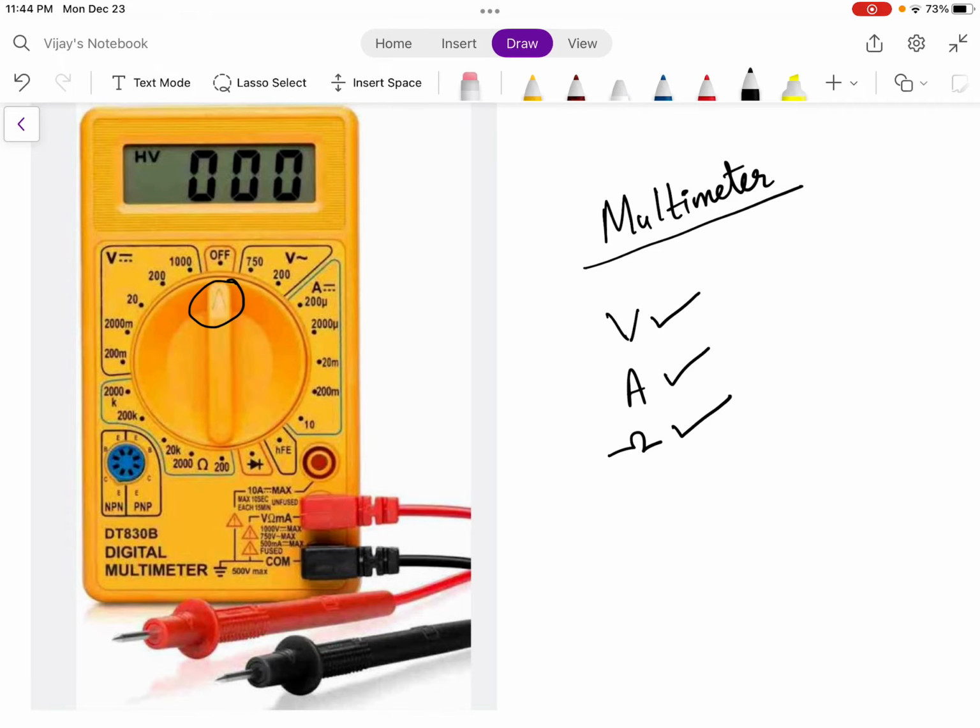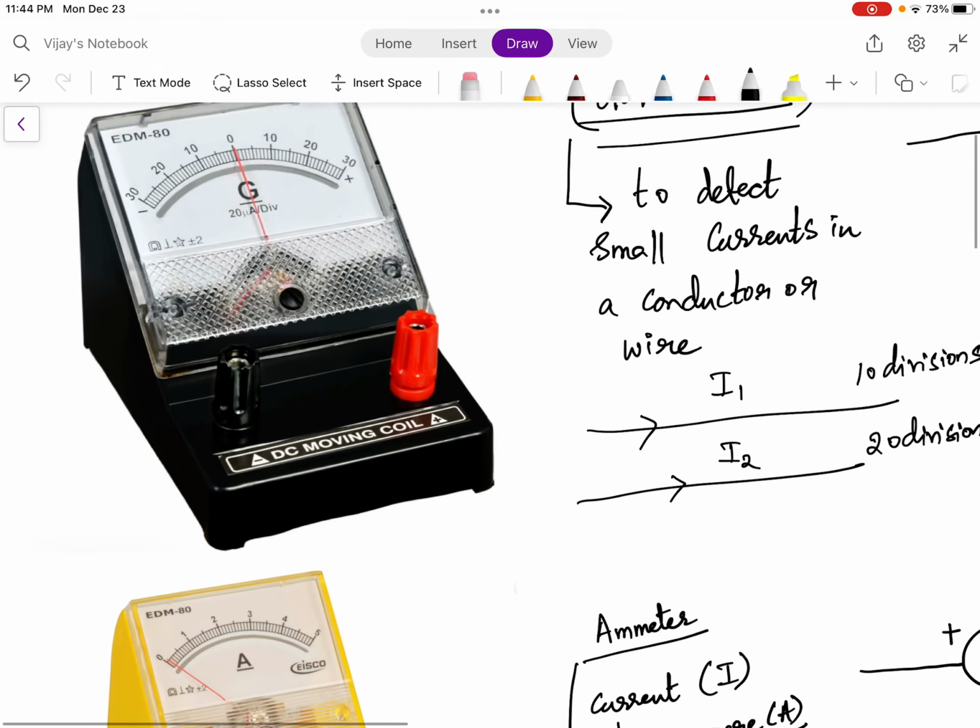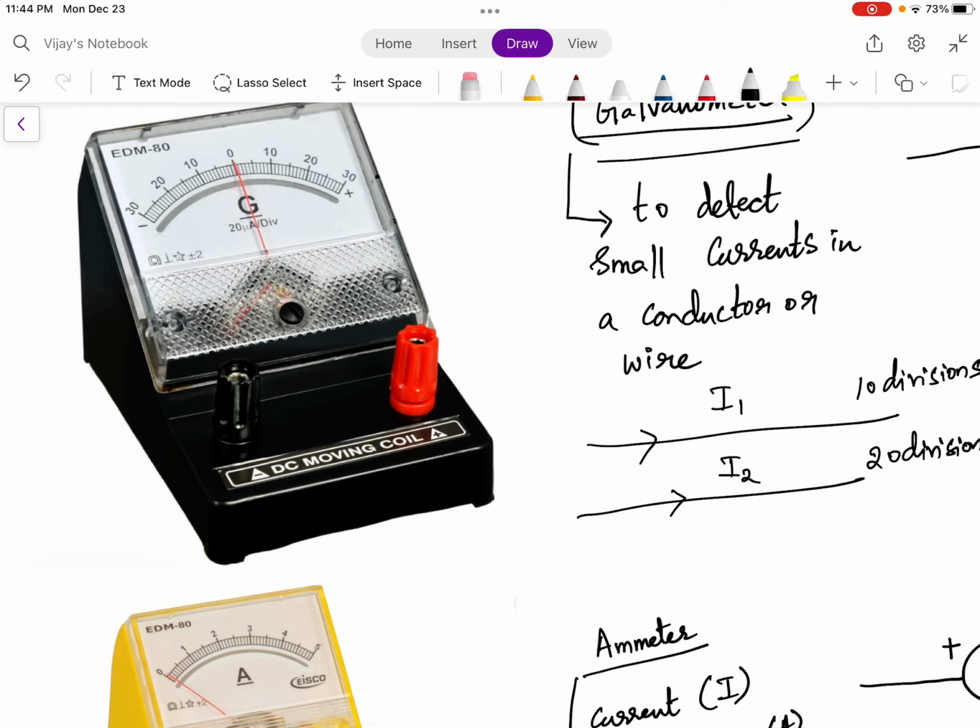In the starting, I told you about 3 devices: galvanometer, ammeter and voltmeter. But remember, suppose you have a galvanometer, by making some modifications you can convert the galvanometer into a suitable ammeter, and you can also convert that galvanometer into a suitable voltmeter. We will discuss all this in the next videos. So thank you for this.